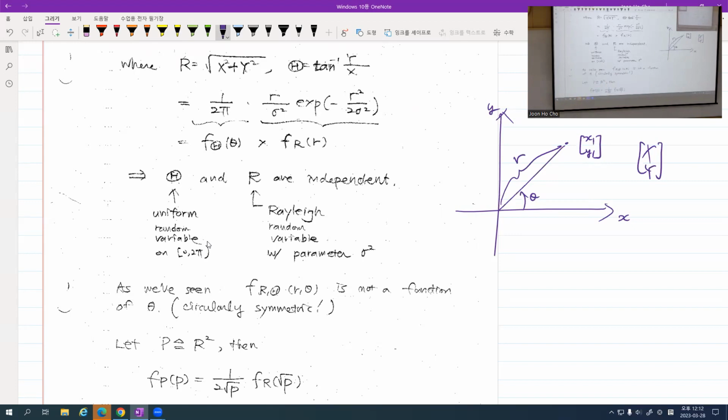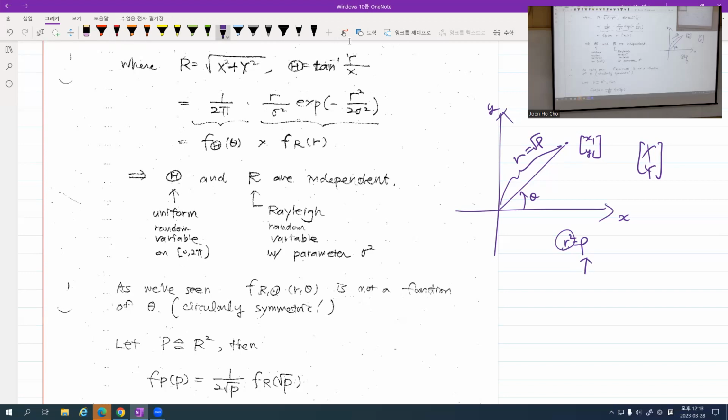And you define P as R squared, so R is root P. Let's find the density of P. That is very simple, as you learned in undergraduate probability and random variables. You can find that P, the squared distance, is an exponential random variable. That is much easier than Rayleigh, right?